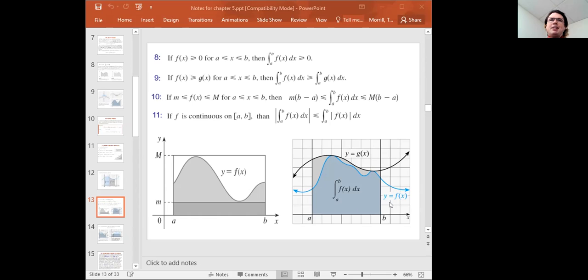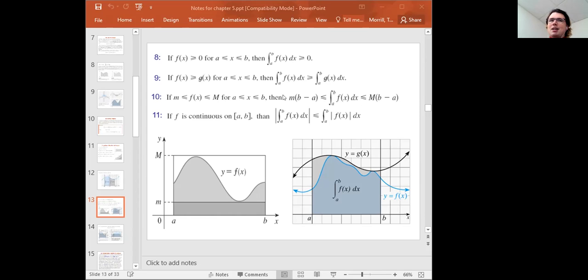Now, this is a handy thing because if my function is always bound between two different numbers, say that lowercase m is a lower bound on the function f, uppercase M is an upper bound on the function f, then my integral itself is going to be bound between these two different areas.